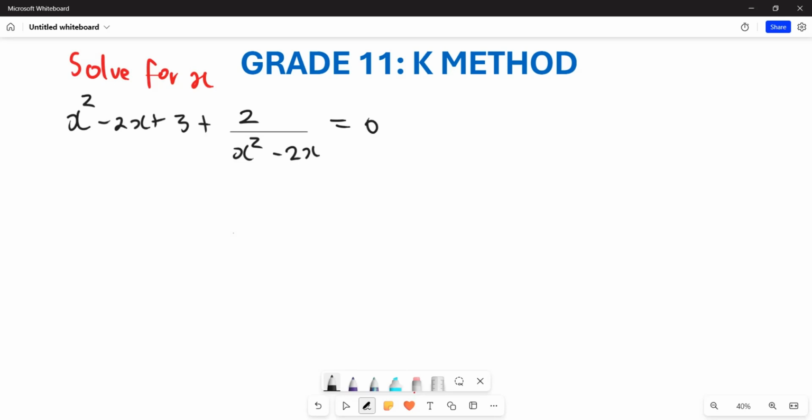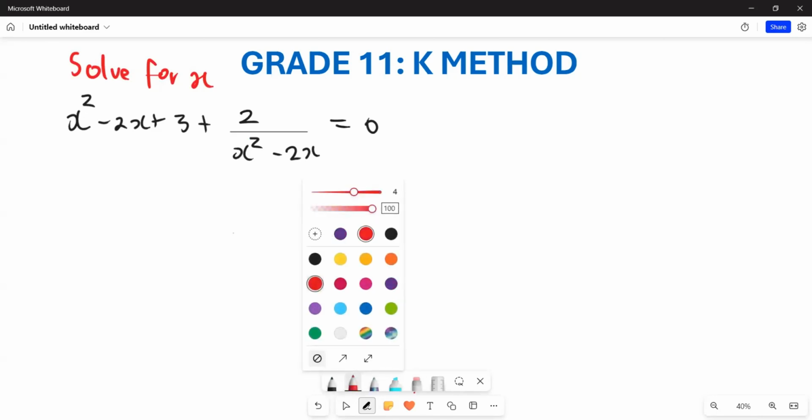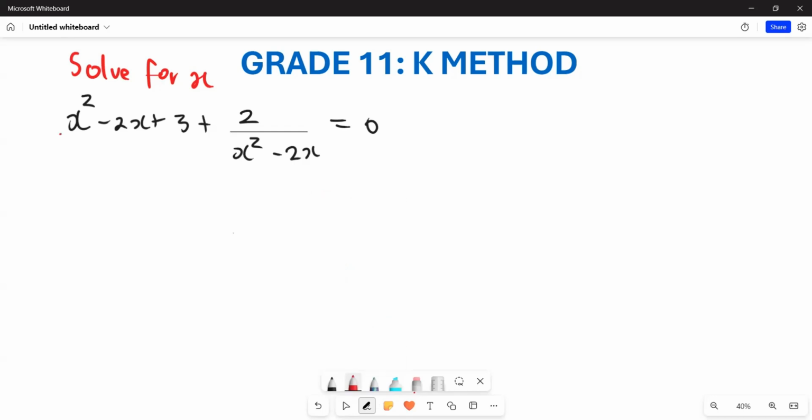I want you to identify something. If you look at this, you have x squared subtract 2x, right? Here you also have a denominator of x squared subtract 2x. So there's something that you can do with that.